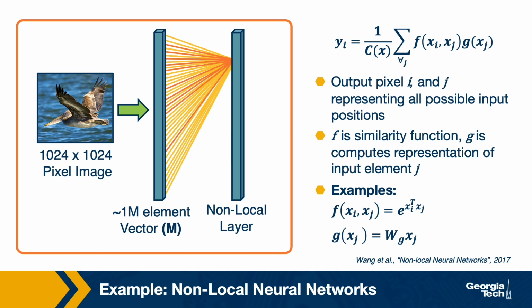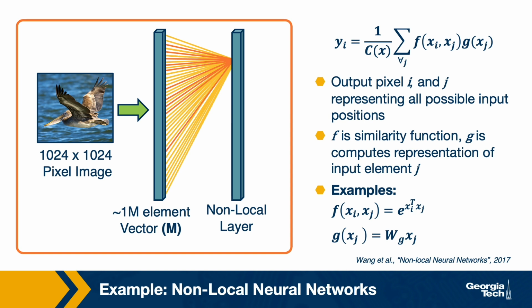This is called non-local because unlike convolution layers, you don't have for each output node a very specific local receptive field. Instead, what you'll have is the equations on the upper right. Specifically, to compute the output yi, that is pixel i in the output y, we'll sum over all possible inputs j. And so this is very similar to a fully connected neural network, except that inside the summation, we'll have a weighted summation.